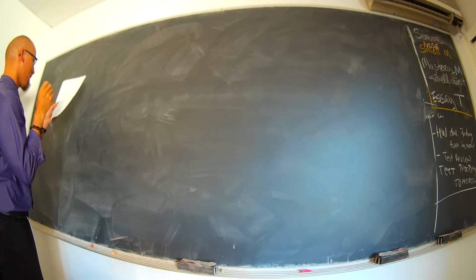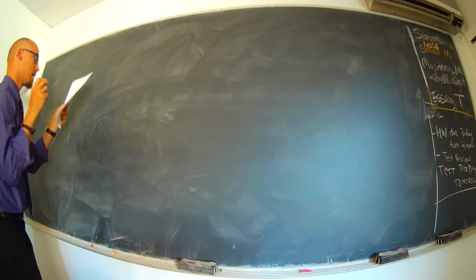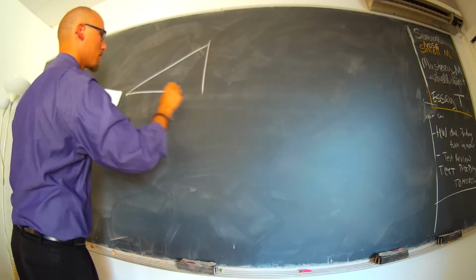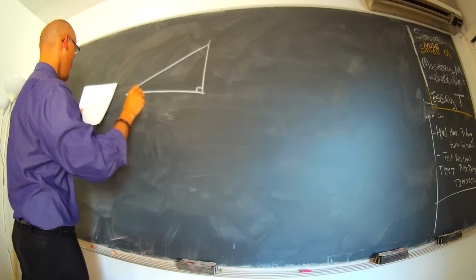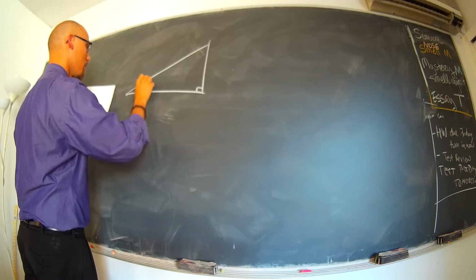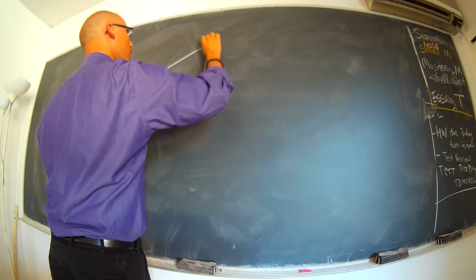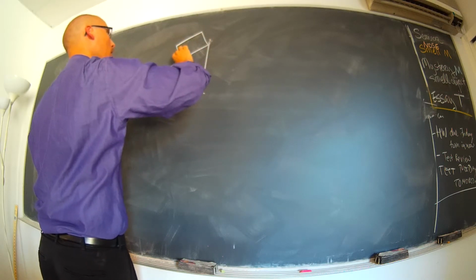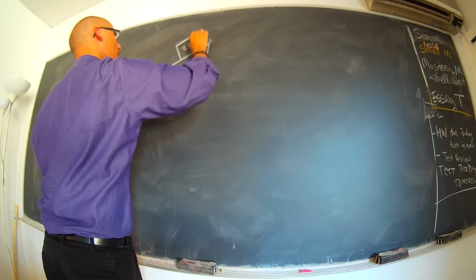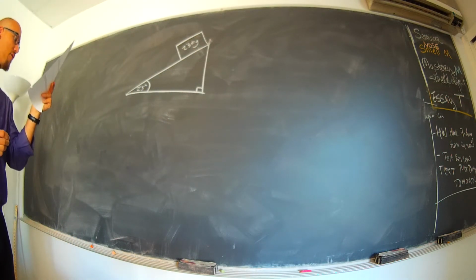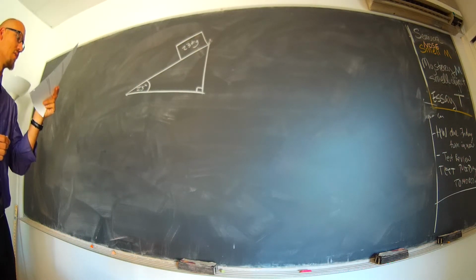Okay, a 23 kilogram box is released from the top of an incline, 25 degrees from the horizontal. This box is 23 kilos. A 30 Newton friction force impedes the motion of the box.